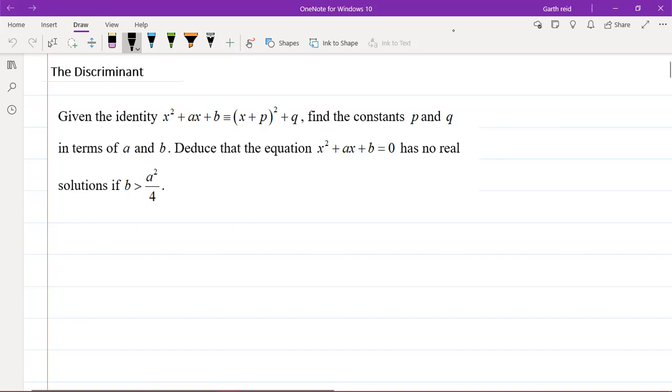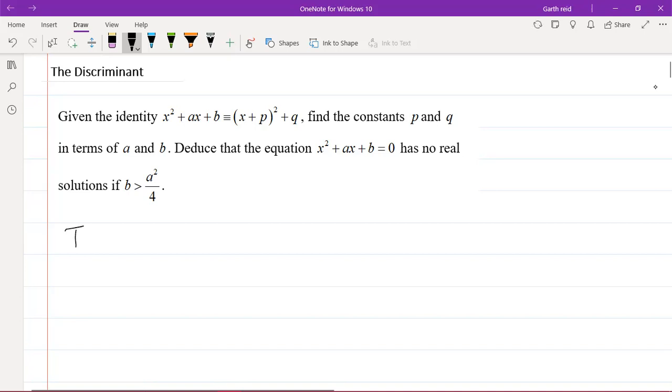Before I get into the question, let me write a note for you. First, I want to recall the quadratic formula.